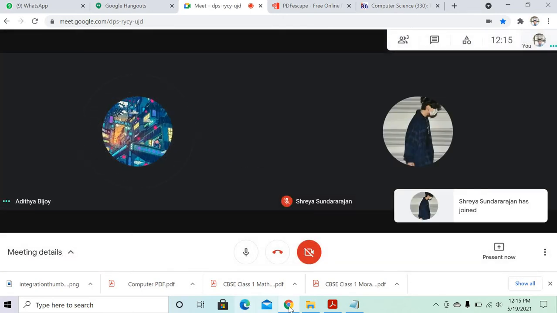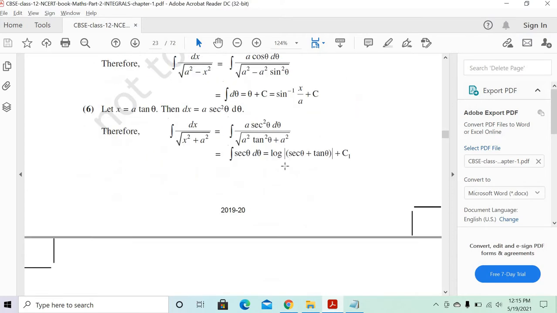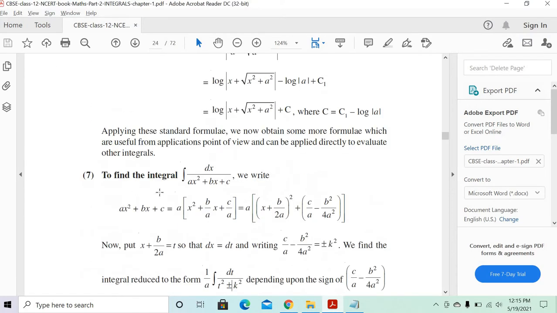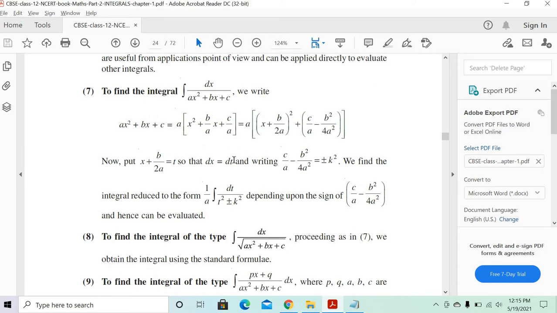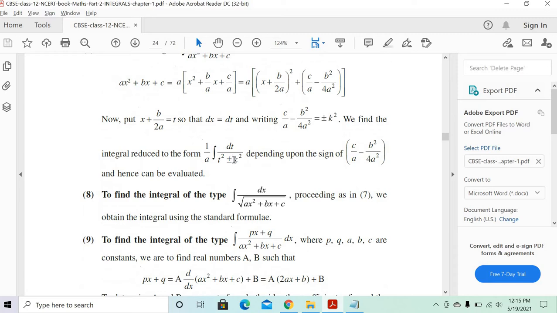Got it? Clear? So you don't have to write this. We will do that part, because property number 7 is just for understanding purposes. Once we do that, it will be more clear. Any questions? Any doubts?